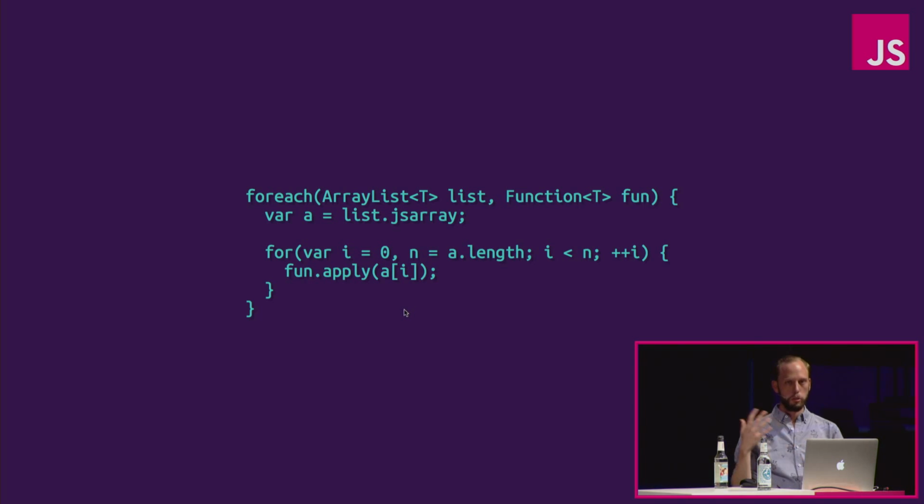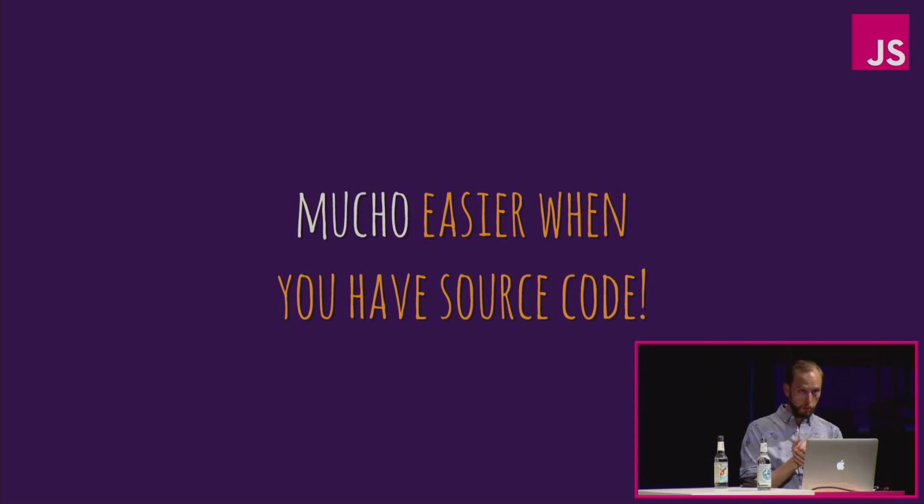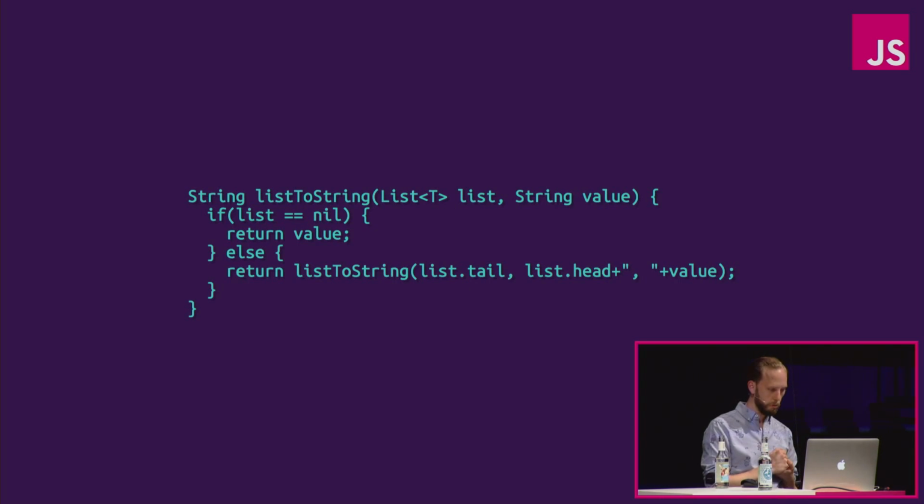And the cool thing is, if you do it in a generic way, it will apply to all of the code that you insert. So even if you write your own list, this would happen. But this is much, much easier when you actually have source code, because in source code, you just see this special kind of loop. So yeah, that's not so smart in bytecode.